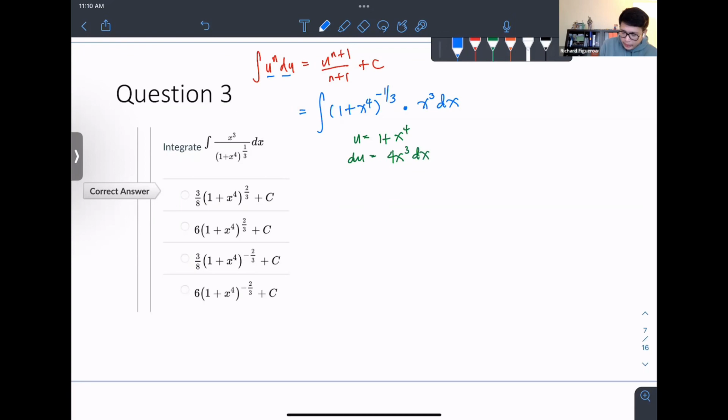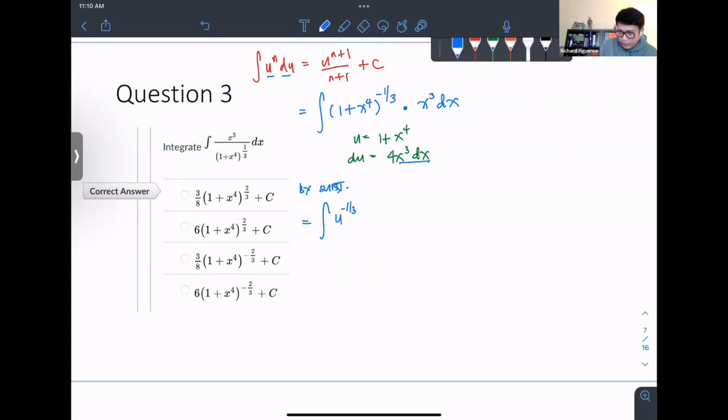So let's try to do it by substitution. By substitution, that will be the integral of 1 plus x to the 4th, which is u, raised to negative 1/3, and then our x cubed dx, which is in excess of 4.